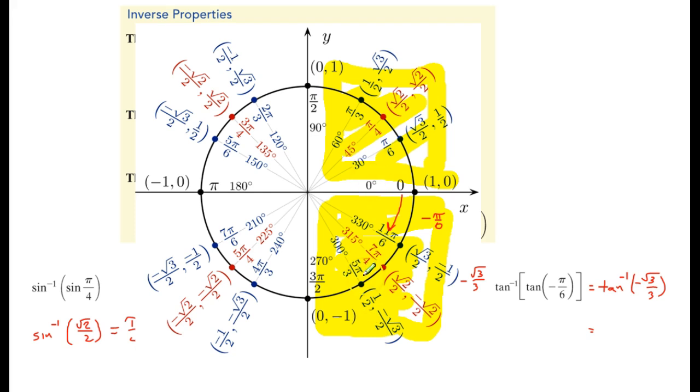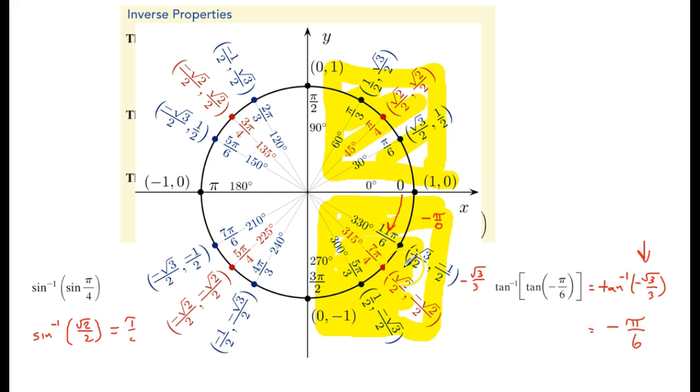We have to be in one of these two quadrants. We can't be in the others. So in these two quadrants, where is the tangent equal to this? Well, it's the one we just came up with. Again, this was in the original domain, so it's got to be negative pi over 6.